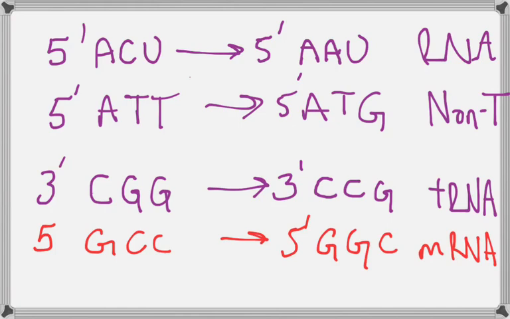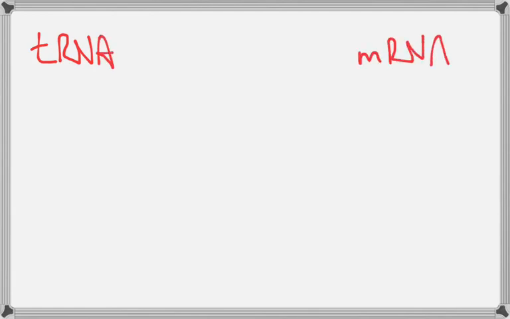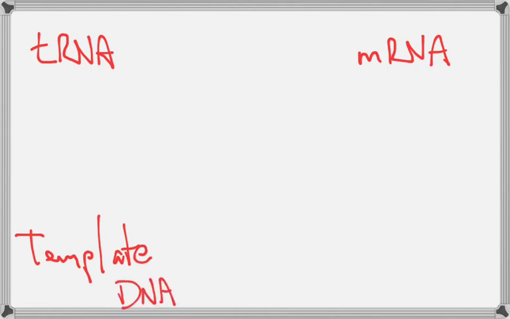Can you clarify when you're saying non-template and template? Like what changes the meaning? Absolutely. So let's map this out. Okay? 4 major parts. tRNA, mRNA, template DNA, non-template DNA.